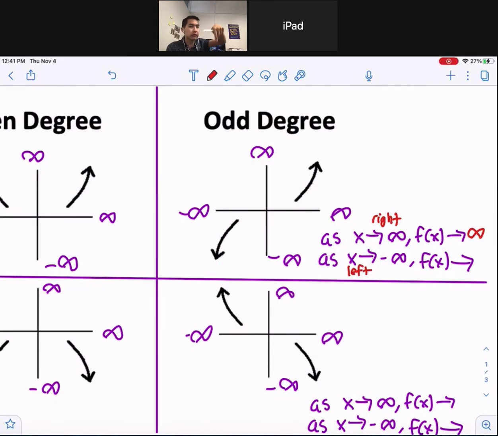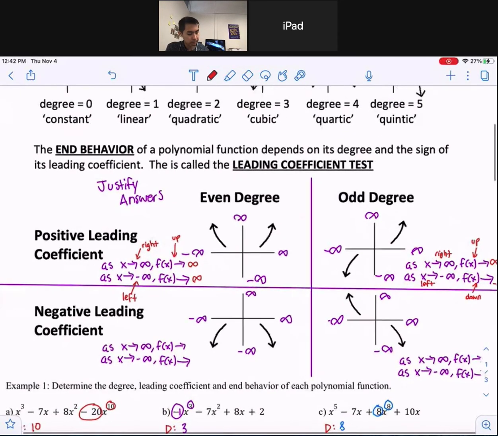It's going down. So that means f of x is approaching negative infinity. It goes negative downwards, right? So when f of x approaches negative infinity, that's going down. But this one is going up. So it's all about knowing your right and left-hand side and behaviors.